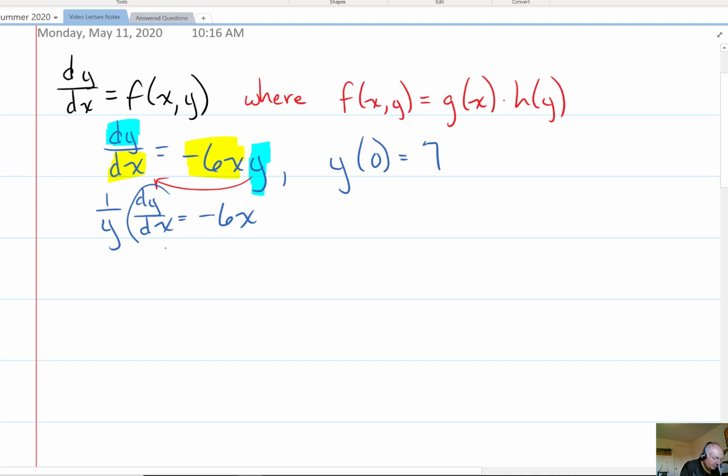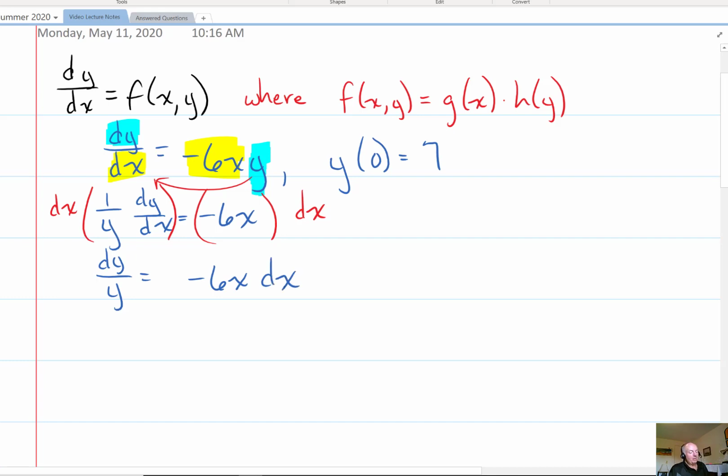Now this piece, it's important to remember, we can split it up into the dx and the dy, so we can multiply both sides by dx, right? We'll just add all the details this time around, so the dx's cancel and we're left with dy over y equals -6x dx. So you see we've separated the variables.